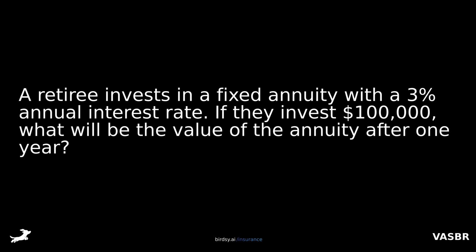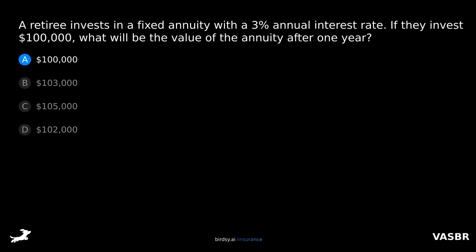A retiree invests in a fixed annuity with a 3% annual interest rate. If they invest $100,000, what will be the value of the annuity after 1 year? Is it A, $100,000, B, $103,000, C, $105,000, or D, $102,000?